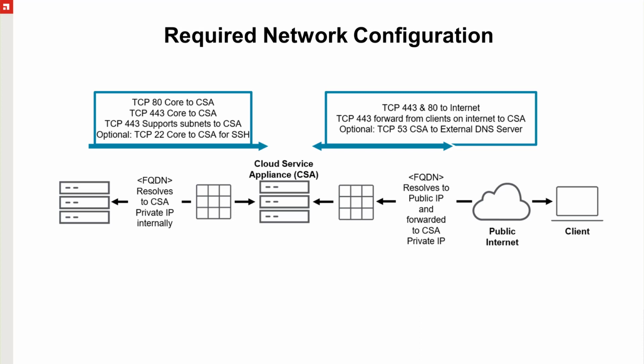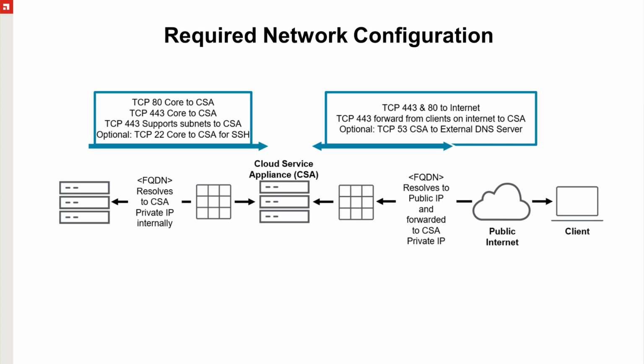Likewise, from the cloud service appliance, we talk about the fact that it needs bidirectional on 443. It needs to receive and send, but we also want it to be able to connect outbound to the internet over 443 and 80. We may need one more port allowed, and that depends. If you've got a DNS server that's accessible from the DMZ that we can configure the cloud service appliance to use, then we don't need to consider an additional port out to the internet.